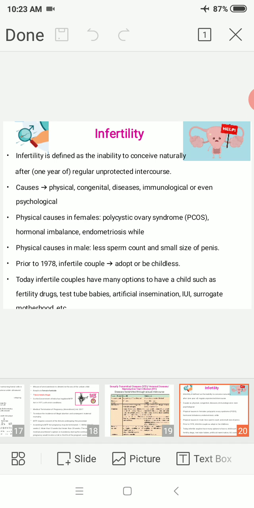Today, infertile couples have many options to have a child, such as fertility drugs, test tube babies, artificial insemination, IUI, surrogate motherhood, etc. The couple could be assisted to have a child or children through certain special techniques commonly known as ART, assisted reproductive technologies.